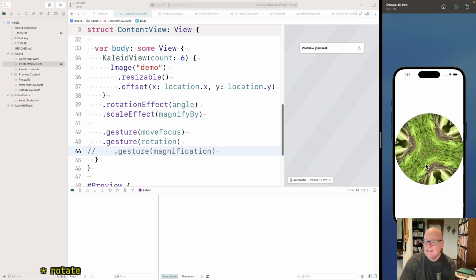Interesting. I want 0 to be here, so no rotation. I want it to be centered on the middle of the image. If they rotate, the more they rotate up to here, yeah, the thing is I can't see.